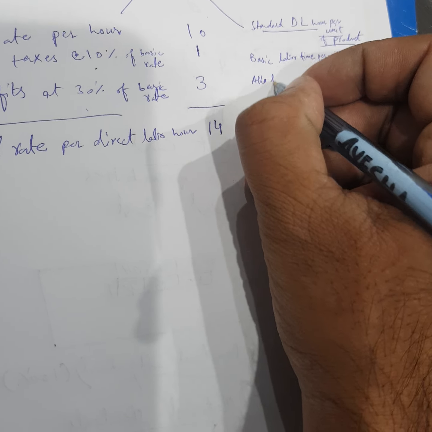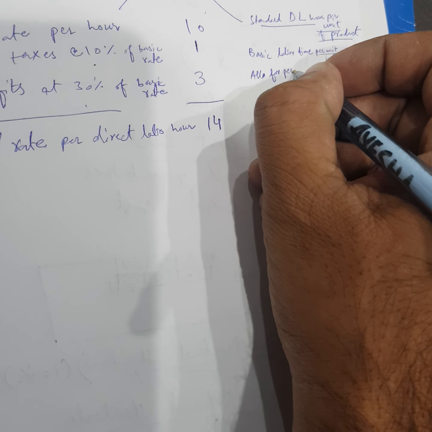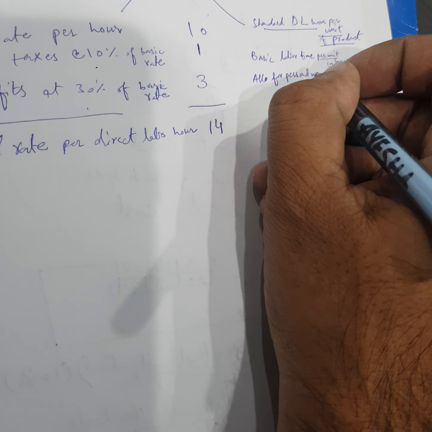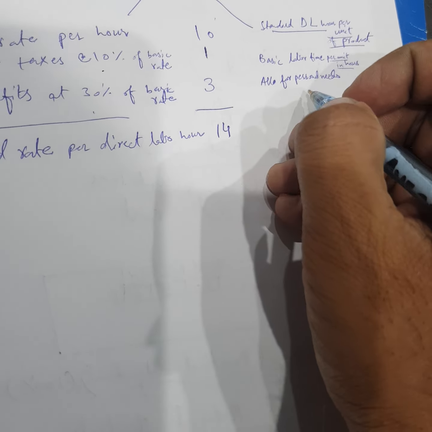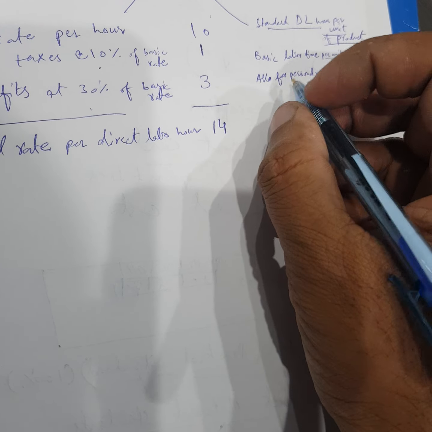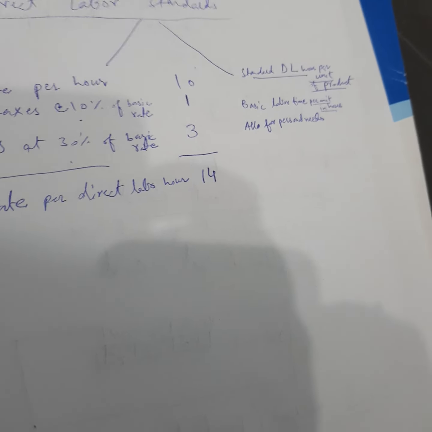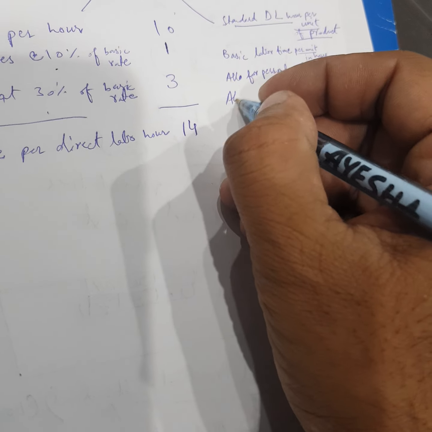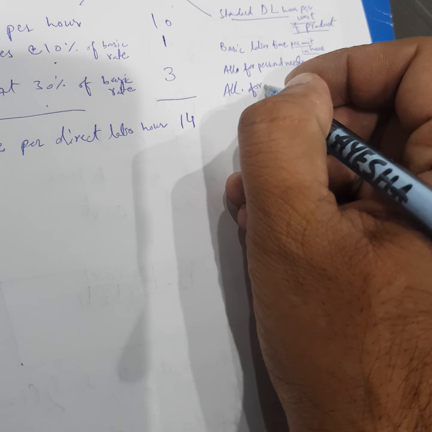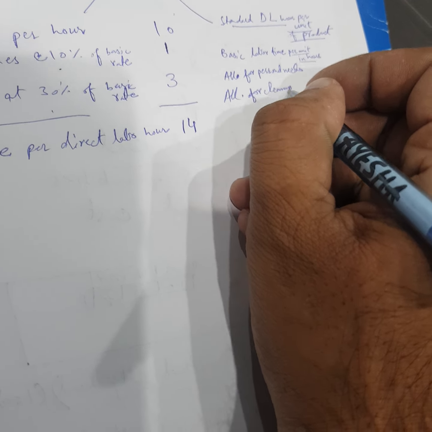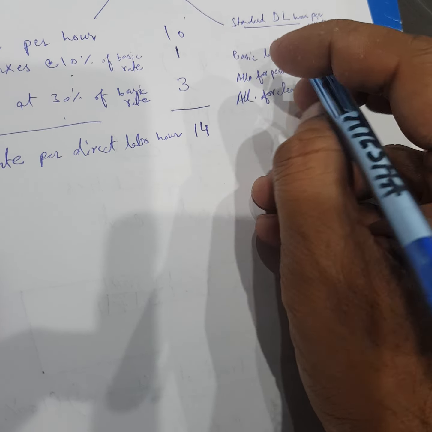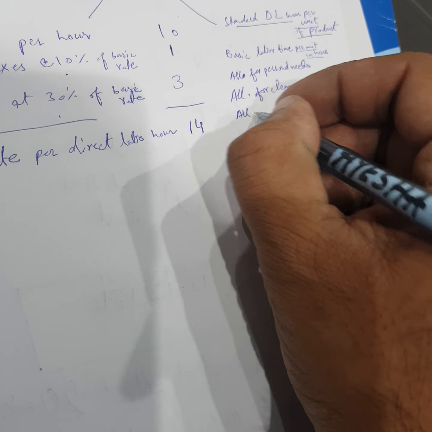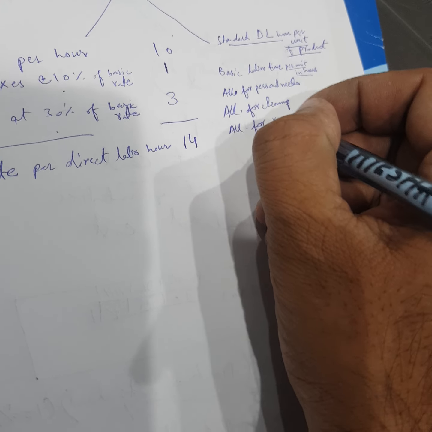Then allowance for personal need, allowance for cleanup, allowance for rejects.